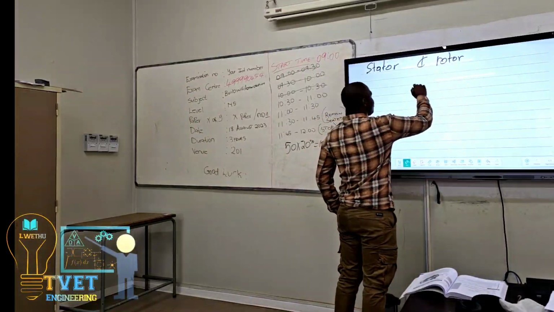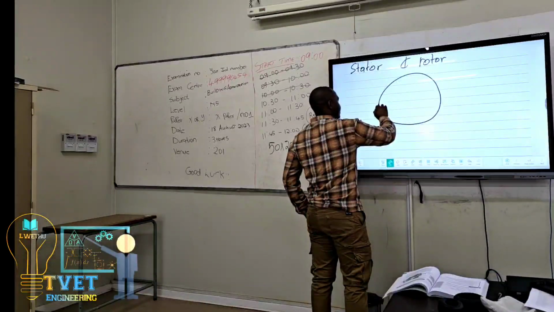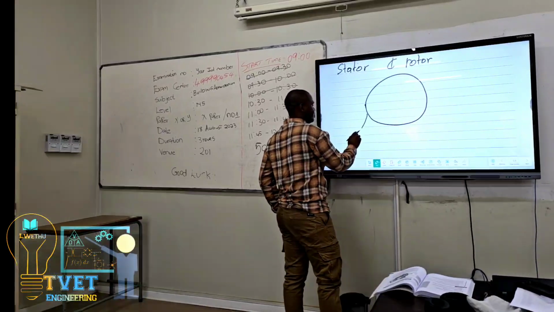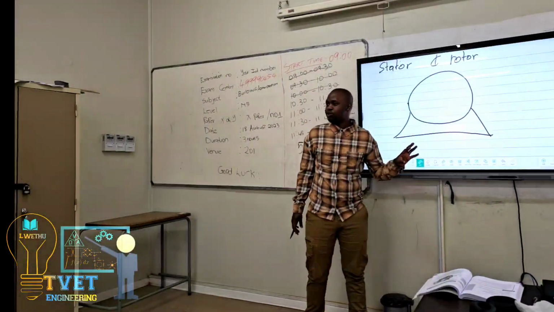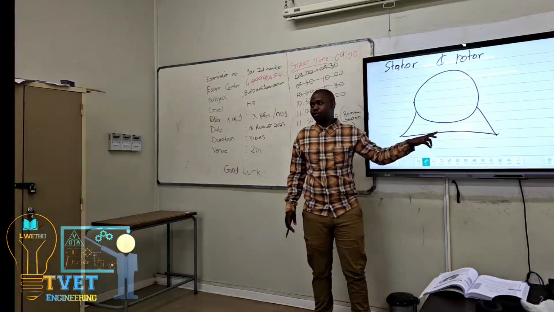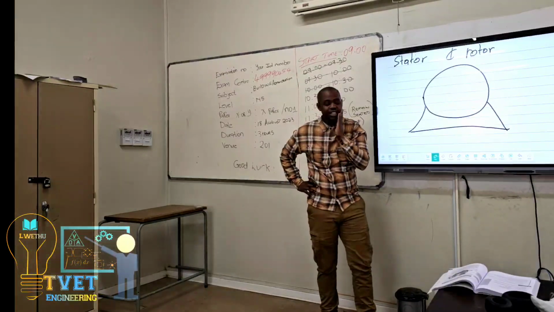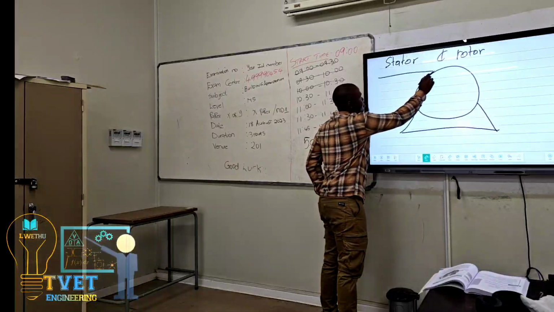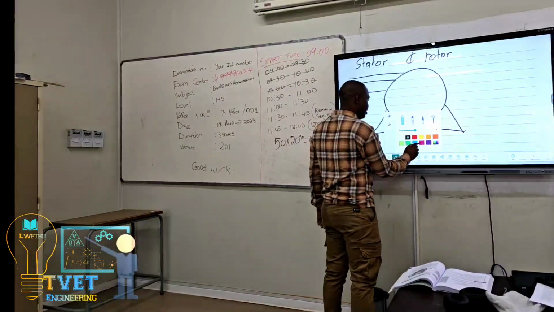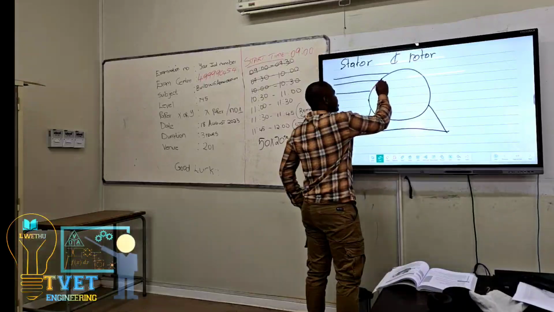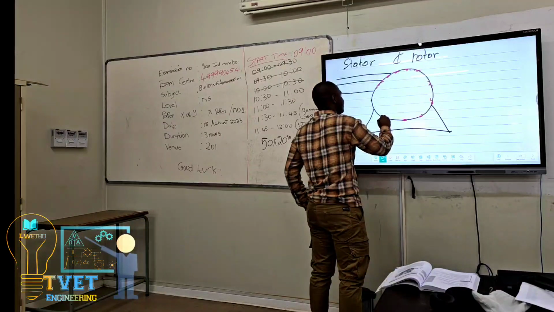So if I would draw a simple construction of the induction motor, the outside circular part that I've drawn is the stator. This is where we feed our supply, the stator windings.